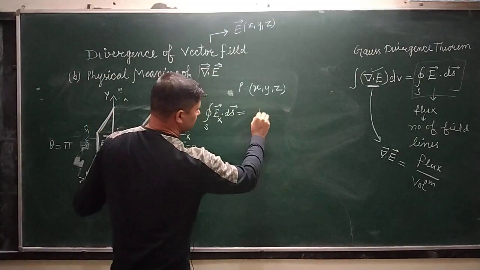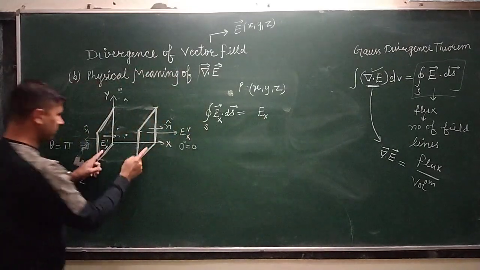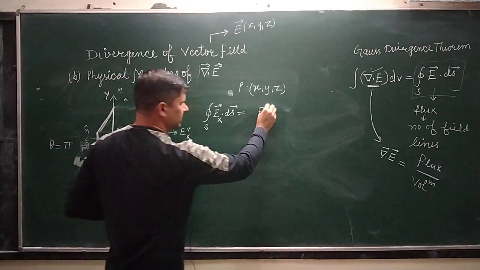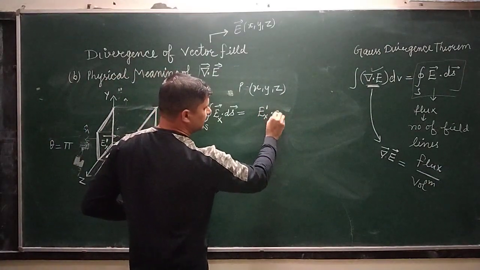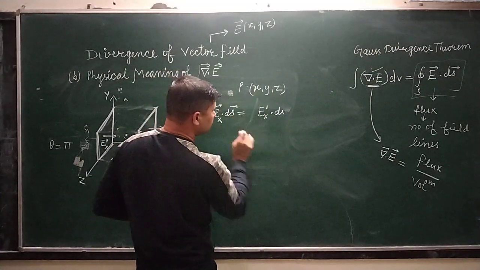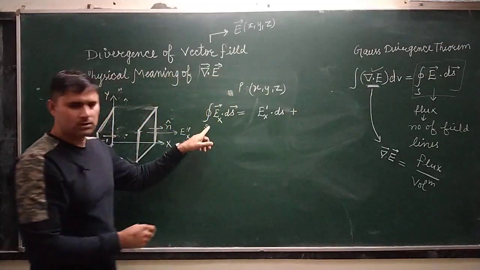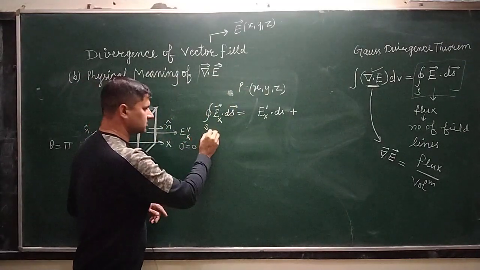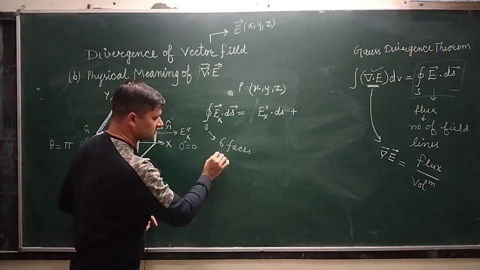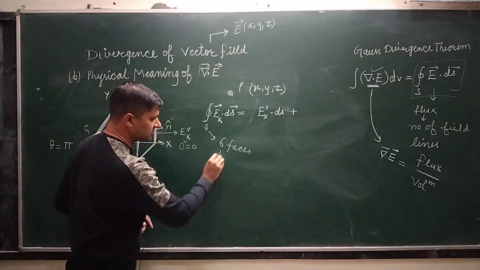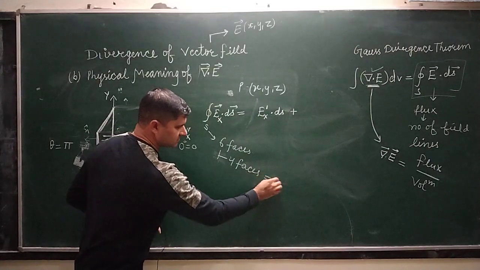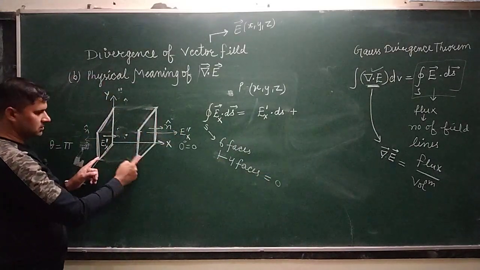So you can write this is Ex1 dot ds, the value of Ex at the first face, plus, I have opened this closed surface, which is composed of 6 faces, and we have discussed that out of these 6 faces, 4 faces do not contribute, their flux is 0, and we are left with these 2 faces.